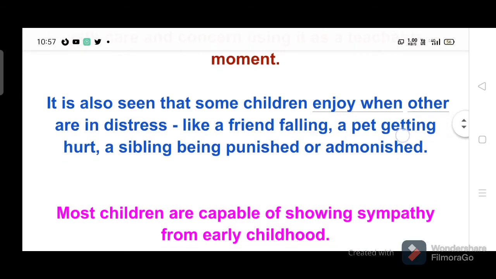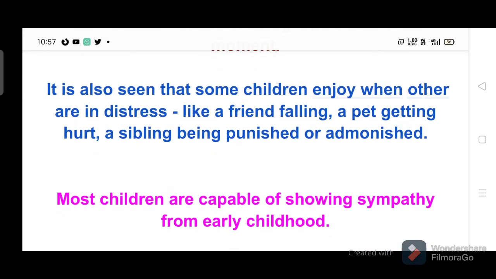It is also seen that some children enjoy when others are in distress, like when a friend falls down, or when a pet gets hurt, or when one of his siblings is being punished. This is a kind of feeling generally seen in children.